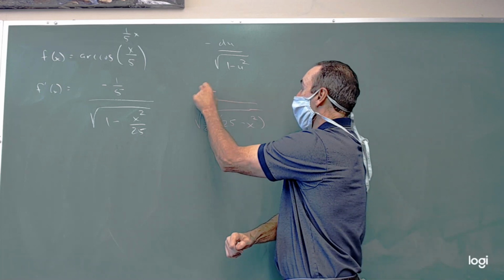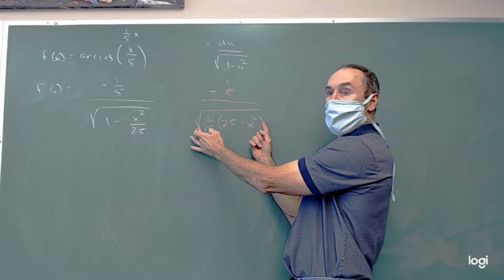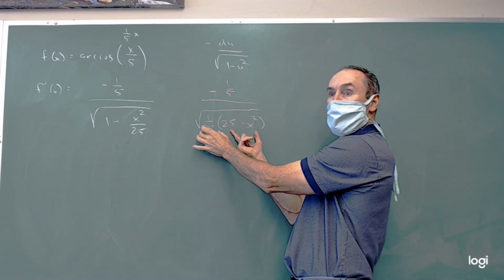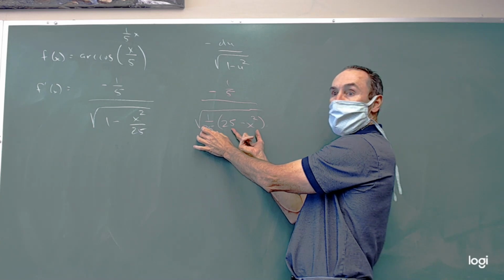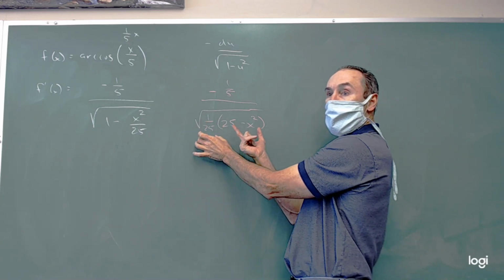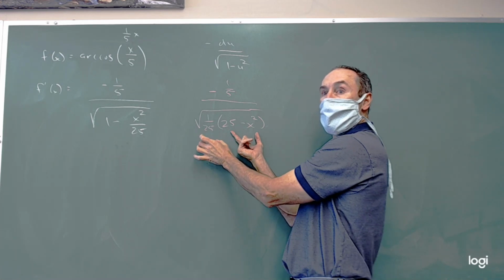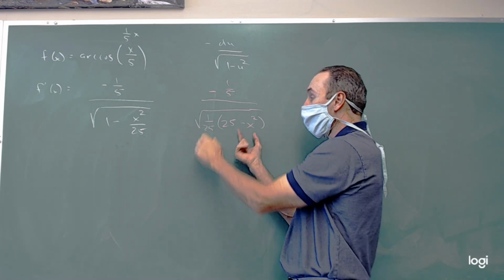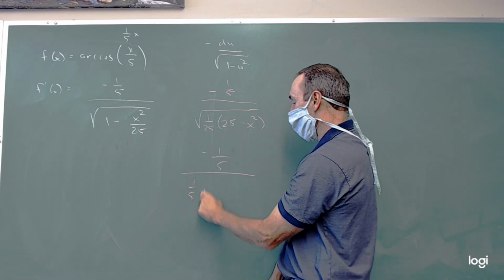So we still have the negative 1/5 on top. Now, inside that radical, when you have two things that are being multiplied, the 1/25 times this 25 minus x squared, we can take the square root of this times the square root of that. The square root of 1/25 is 1/5. That's what comes outside of our radical, that 1/5.